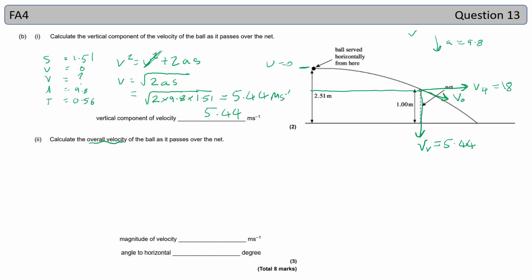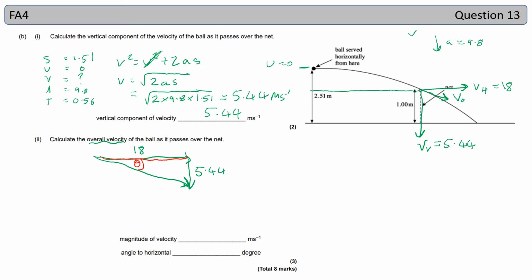So what we're trying to do is work out this resultant here. So we can draw our little triangle. It's got a horizontal component of 18. It has a vertical component of 5.44. We're trying to find the overall resultant here and the angle theta that it makes to the horizontal there.